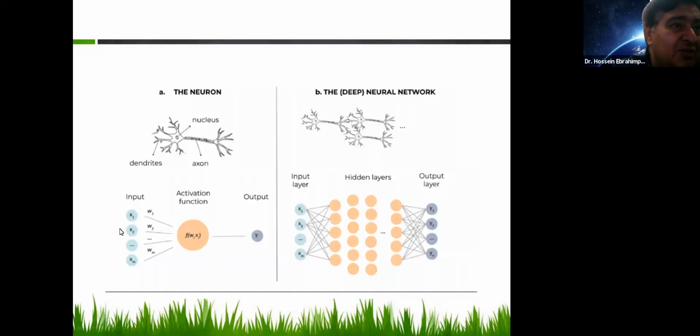So we add some weights like W1, W2 to Wm, which say whether each of these inputs is stronger or weaker than others. So when X1 is a very strong input, we multiply it by W1, which is a very big value. But when X2 is a very weak input, we multiply it by W2, which is a very low value, or it can even be a negative value.